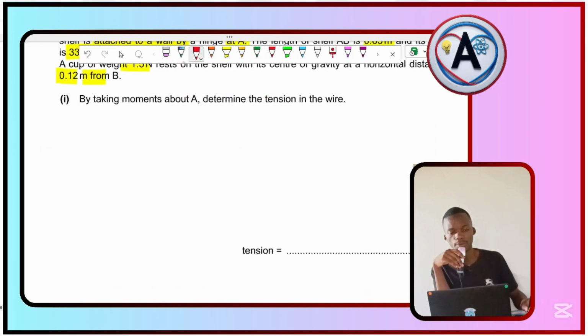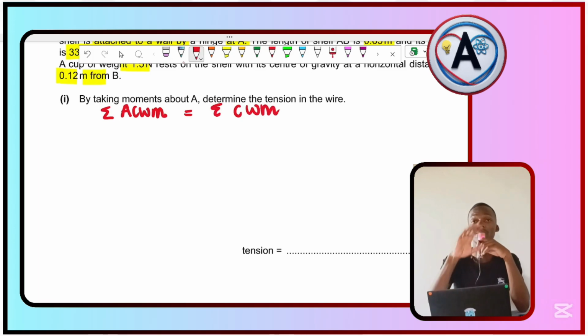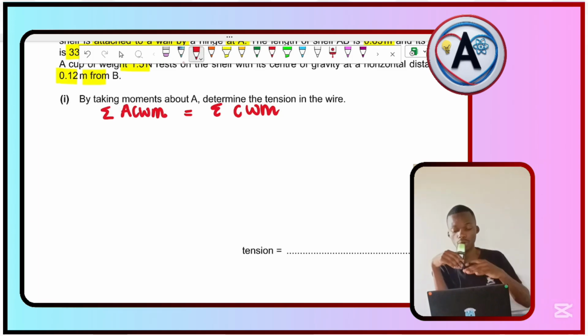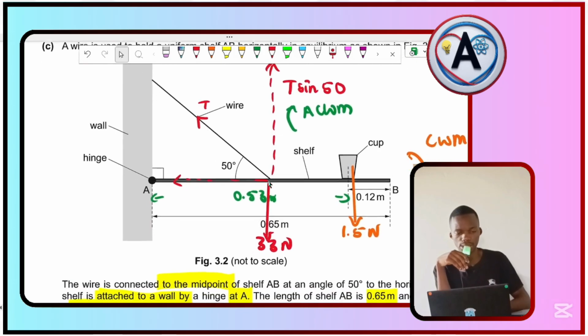So the principle of moments, what does it say? The sum of the anti-clockwise moments should be equal to the sum of the clockwise moments. That's exactly what the principle of moments says. Moment is just force times distance. For the anti-clockwise, I have T sine 50 times the distance.